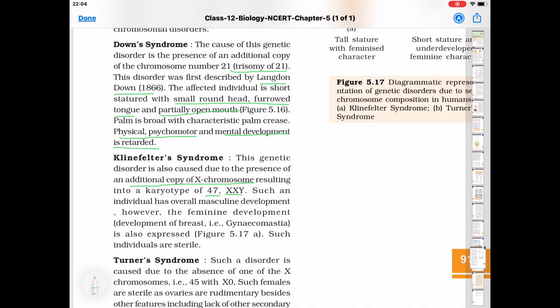Such individuals have masculine development. Their body is very muscular, and sometimes they have feminine developments also, that is the development of breast. This condition is known as gynecomastia. Learn this word. Such individuals are sterile. Sterile means which cannot reproduce.